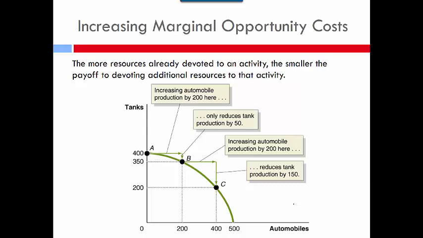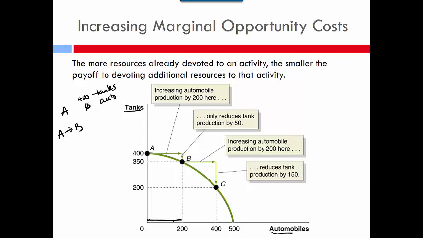So in this example, we're producing automobiles and tanks, okay? And if we're starting out here at point A, so we are producing 400 tanks and 0 automobiles. In order to move from A to B, we want to increase our automobiles by 200, okay?